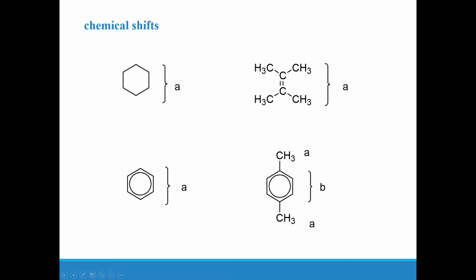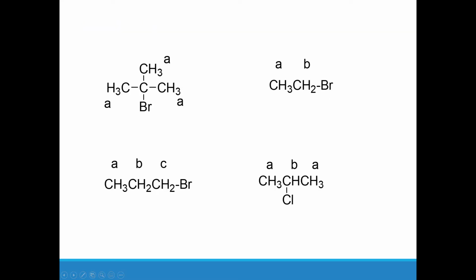Dimethylbenzene: the benzene hydrogens have their own signal, and then the methyl groups have their own signal because they're equivalent. For this molecule, we have 3 groups of hydrogens that all share the same signal because the molecule is symmetrical and all of the methyl groups are equidistant from the bromine.